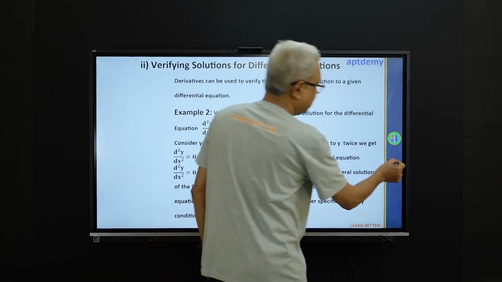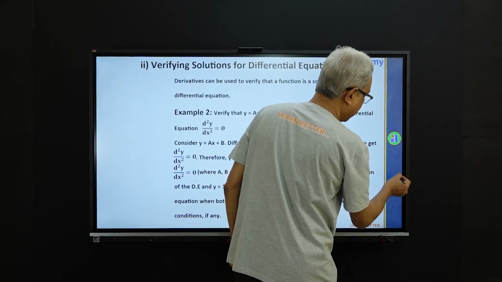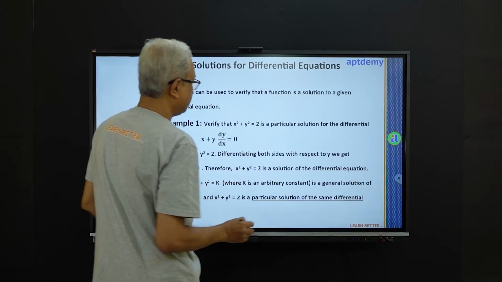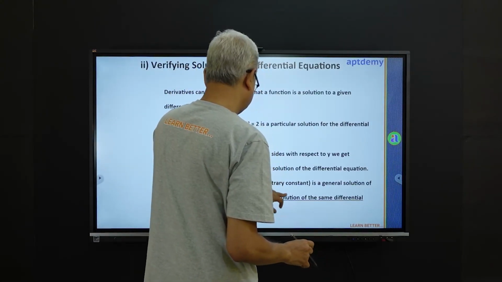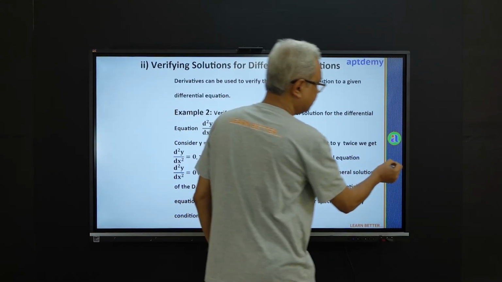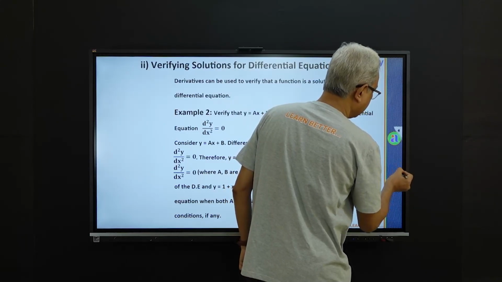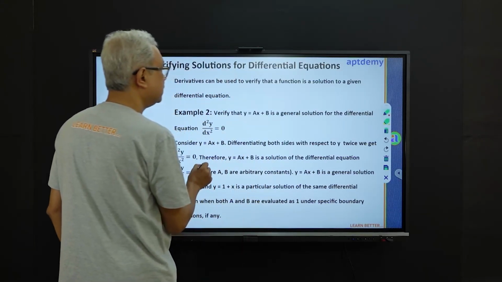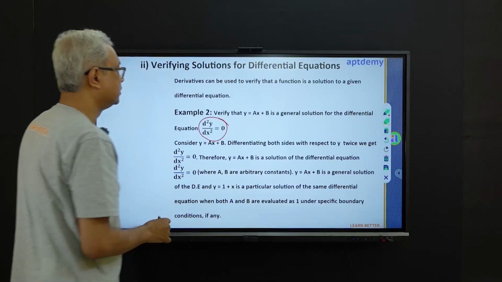Say, for example, this is another problem. Verify that y equal to ax plus b is a general solution of this differential equation.